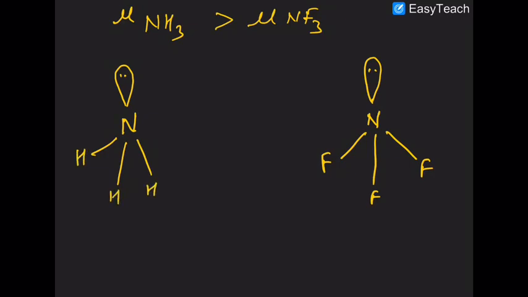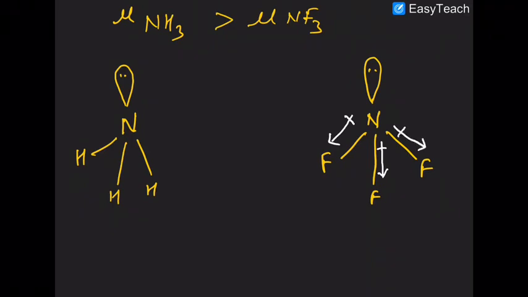So nitrogen hydrogen bonds are also present. Are you getting that or not? In NF3, fluorine being more electronegative, the bond moment is from nitrogen to fluorine. Why? Being more electronegative, the bond pair is closer to the fluorine atom. Here also the bond pair is closer to fluorine, and here also.